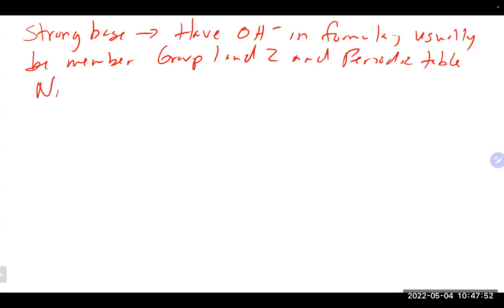So things like sodium hydroxide, potassium hydroxide, calcium hydroxide, strontium hydroxide, and so forth.